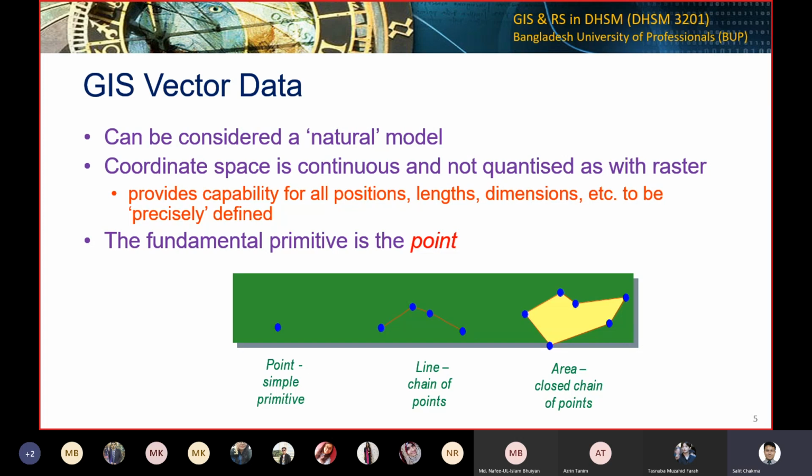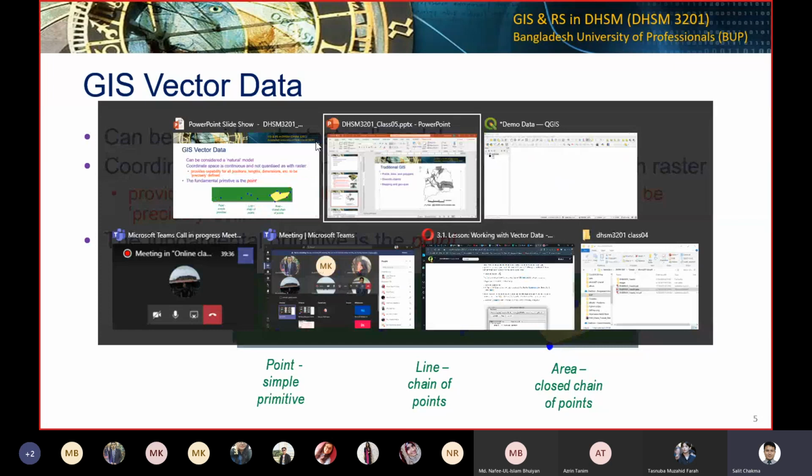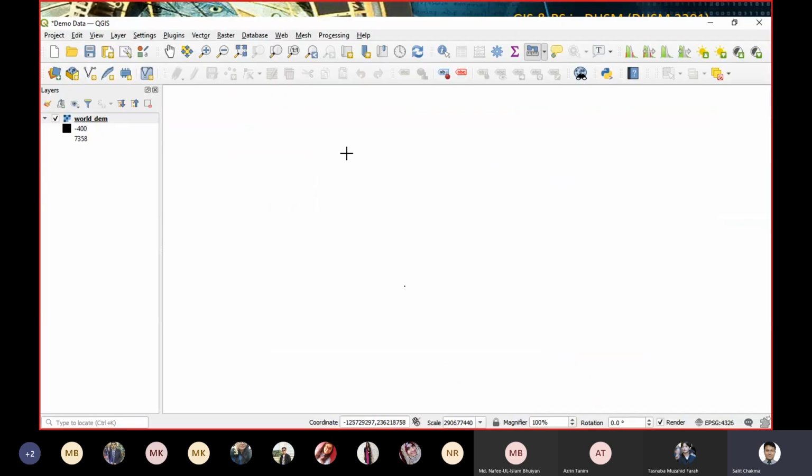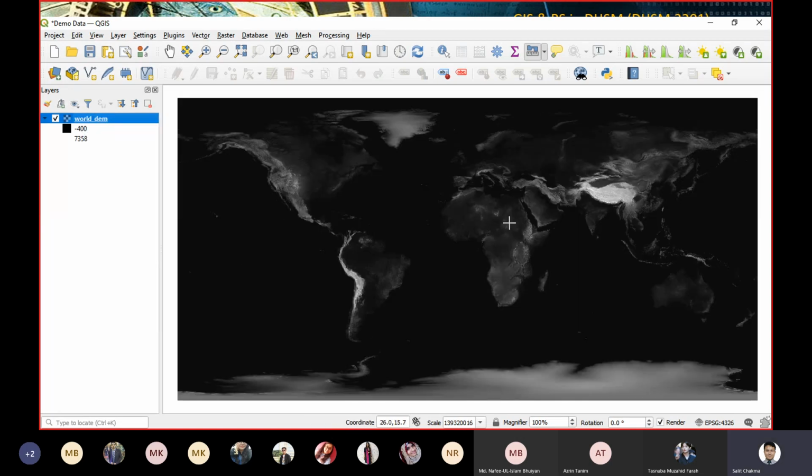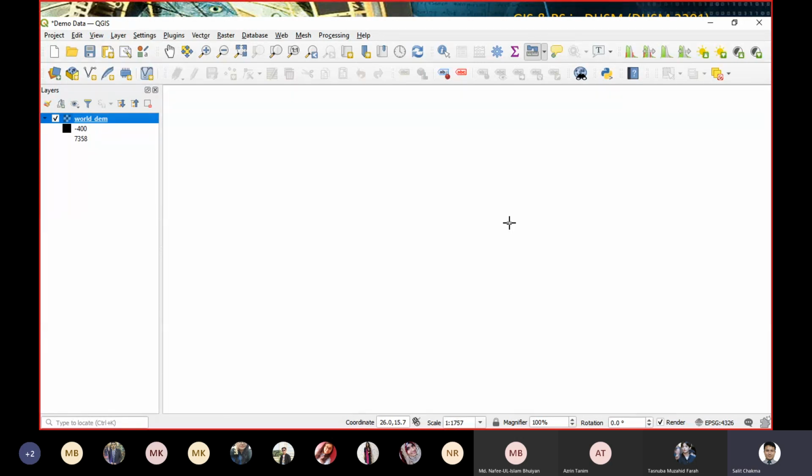And very much detail is possible after the invention of computers and graphics. The very much detail of the river is possible to preserve. Now if we go to QGIS, let me zoom in. In GIS software, we are able to zoom in, and if we zoom in, we can see the very much detail.